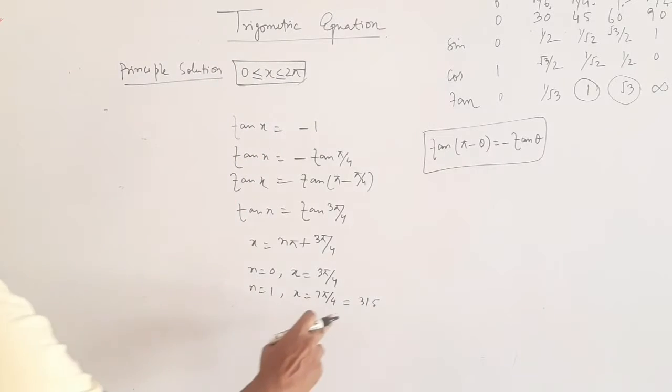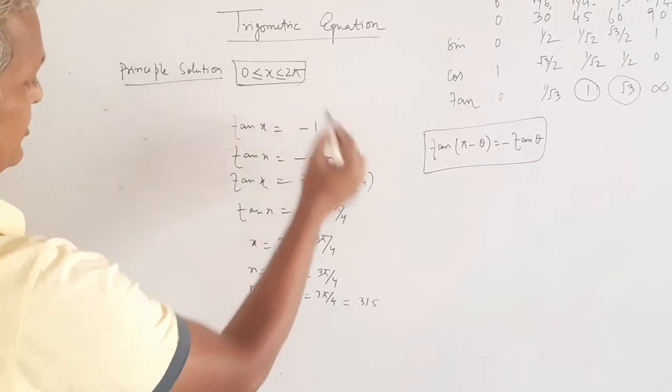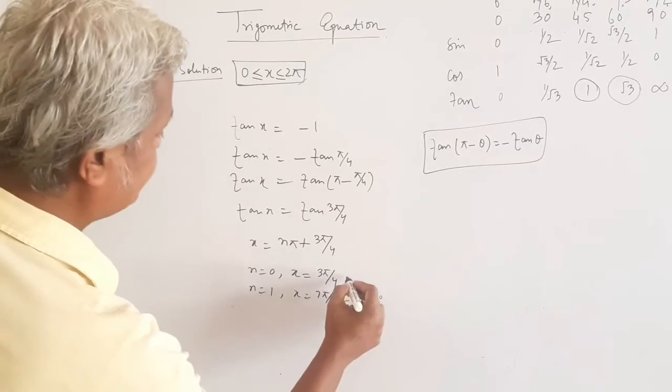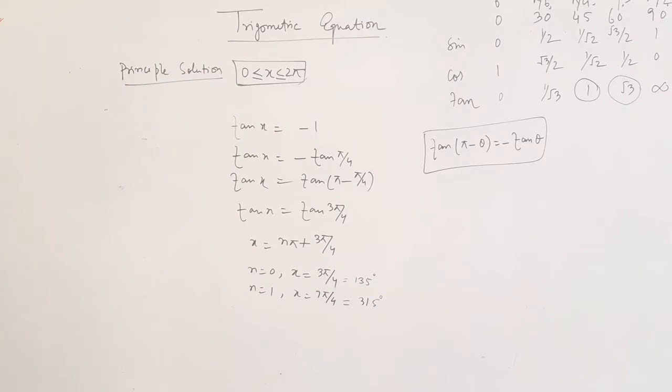So this also you are getting in the range of 0 to 2 pi or 0 to 360 degrees, and this is 135.